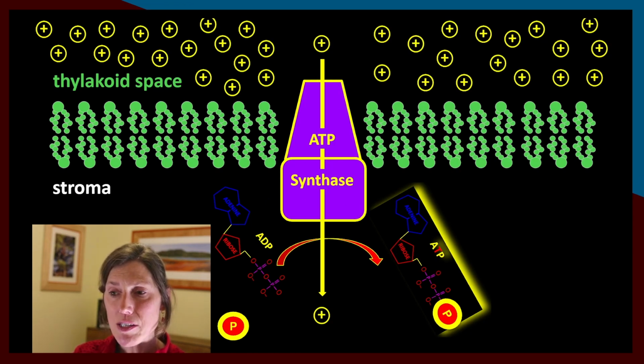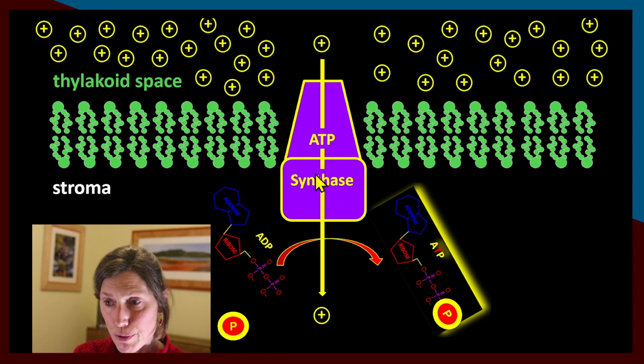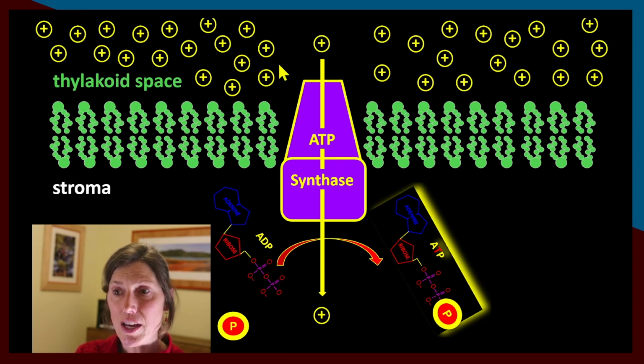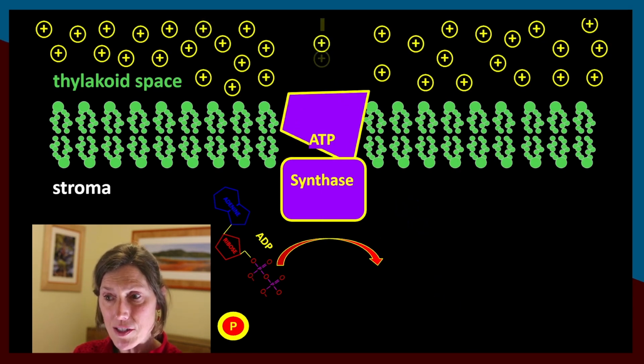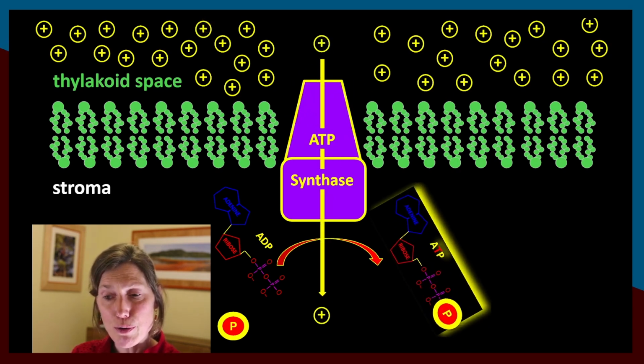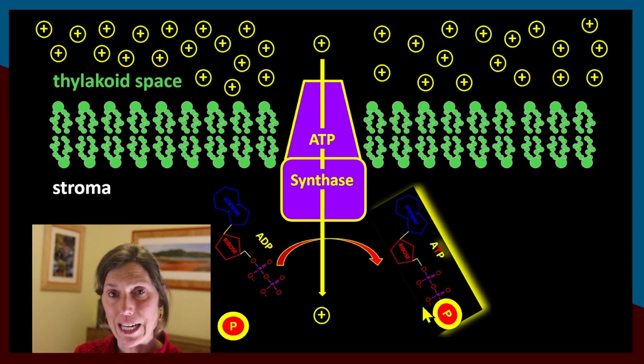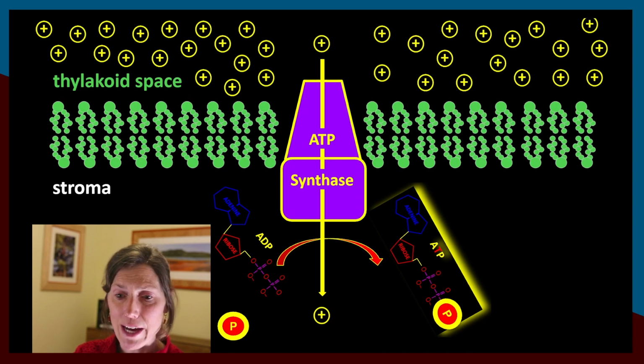And the ATP synthase molecule is capable of funneling these protons through the ATP synthase itself. And because that is a favorable movement due to the high concentration of protons inside the thylakoid space, that basically results in energy being released that can then be used to turn ADP and inorganic phosphate into ATP. Let's now go back to the question.